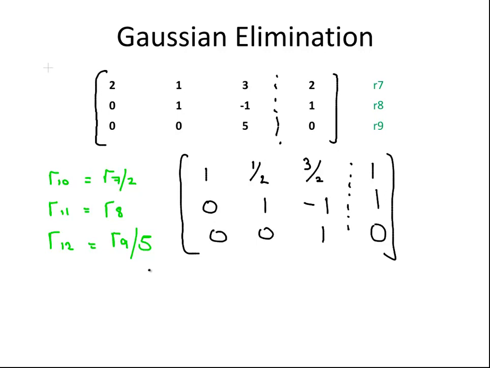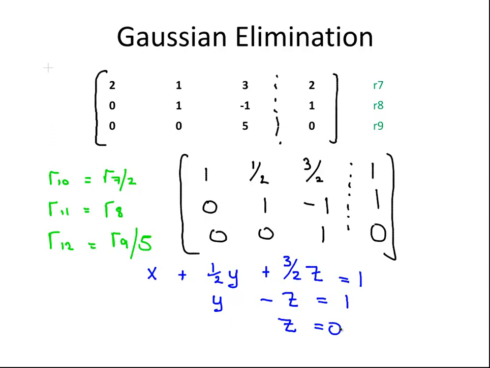So we have x plus 1/2 of y plus 3 over 2 z is equal to 1. y minus z is equal to 1. And z is equal to 0.